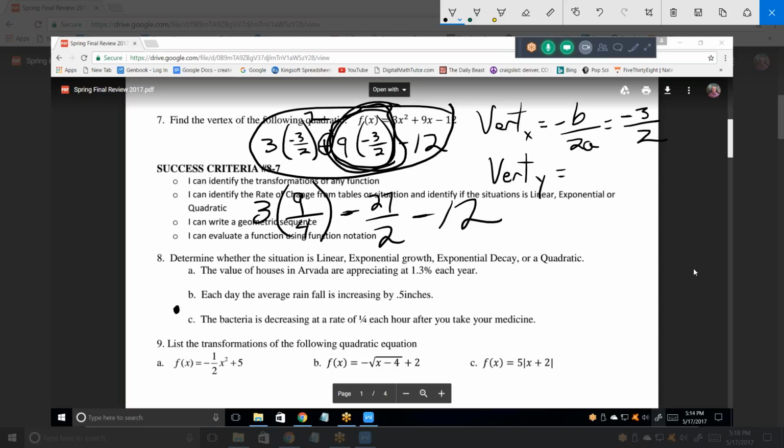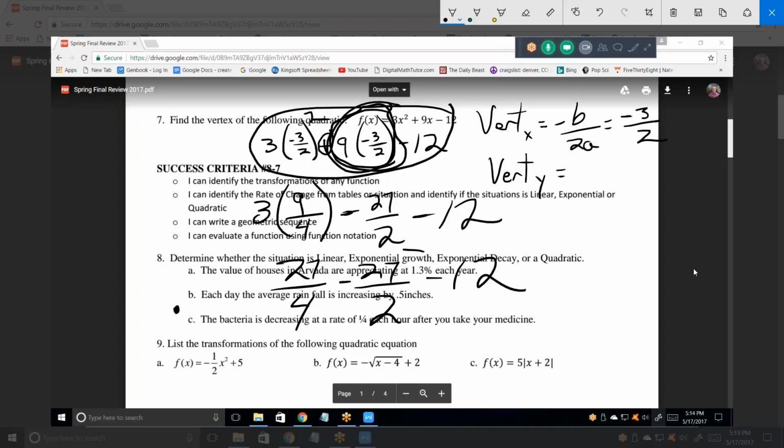I want a fraction answer. Hold up, don't call me calculator. That equals 108. No. Again, what's 3 times 9? 27. So it's 27/4, that's the first part, minus 27/2 minus 12.